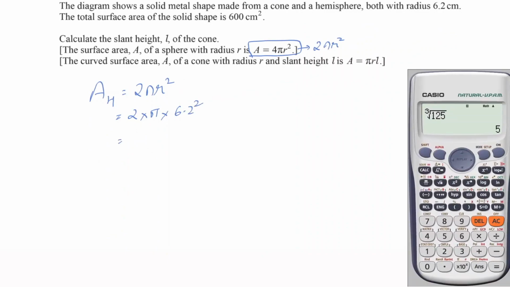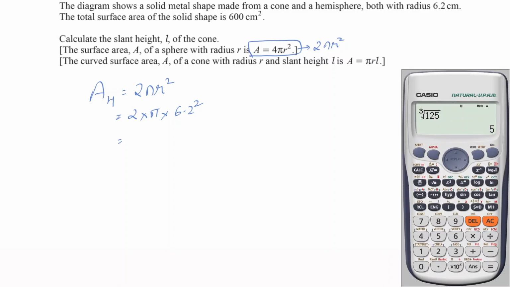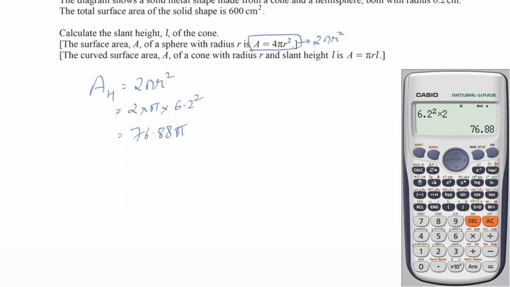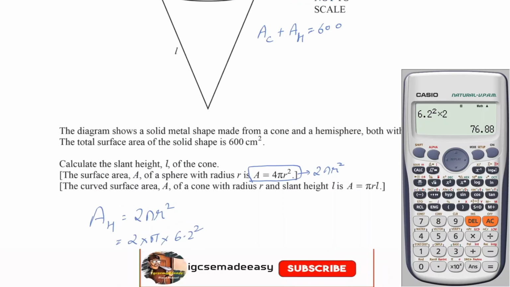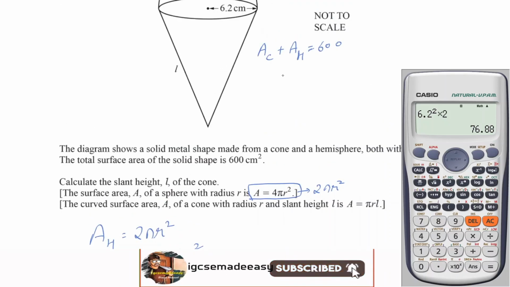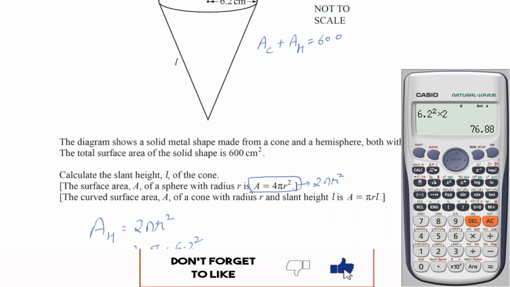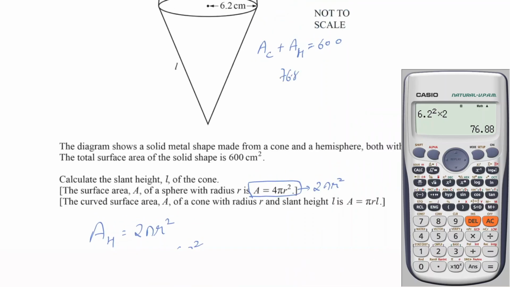Let's use a calculator. 6.2 squared times 2 gives 76.88 pi. I am keeping pi as it is. So can you see that area of hemisphere we got? Area of hemisphere is 76.88 pi.